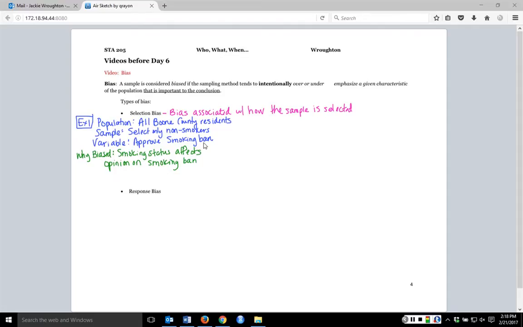Let's look at a second example. And again, I'm going to first start by defining who my population is. I'm going to start with one of the examples we've had before. So I'm going to look at all undergrads at NKU.